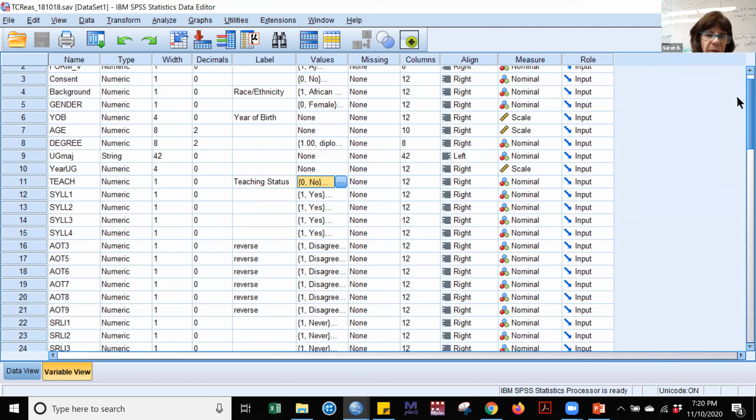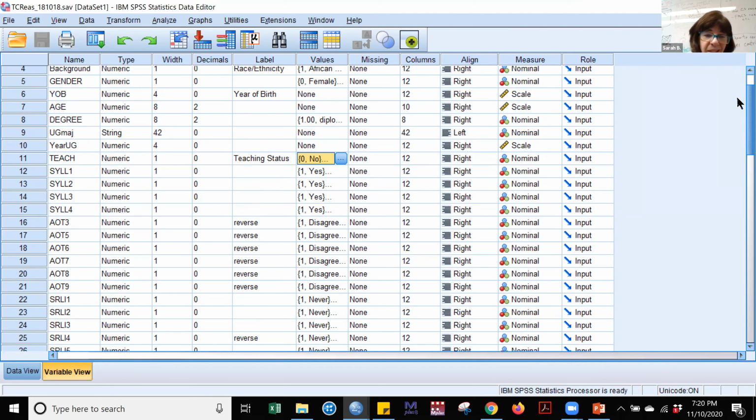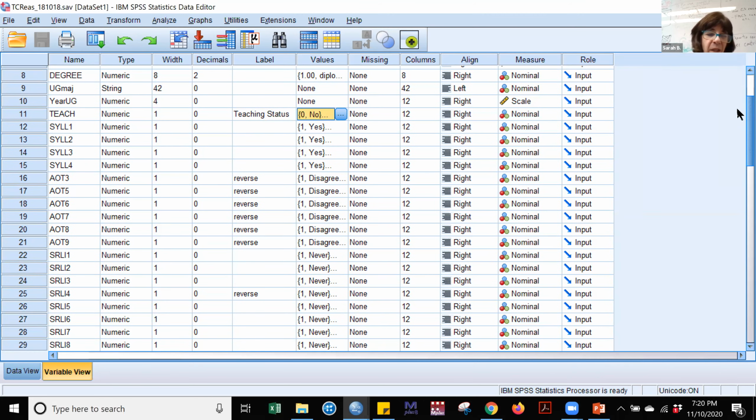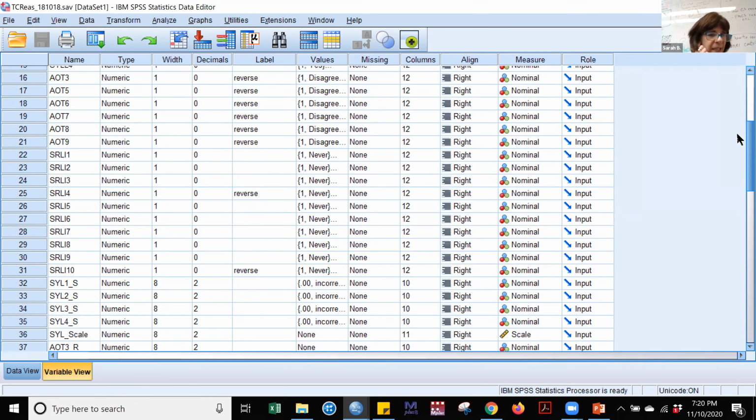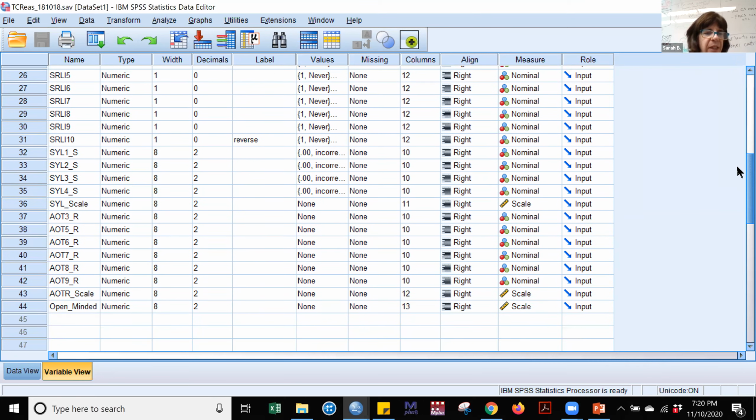Those are tests of logic. Then there are these things called AOTs, which are called an actively open-minded thinking scale. And the SRL scale is probably self-regulation. And then you have more of these other kinds of survey items that have been rescaled.